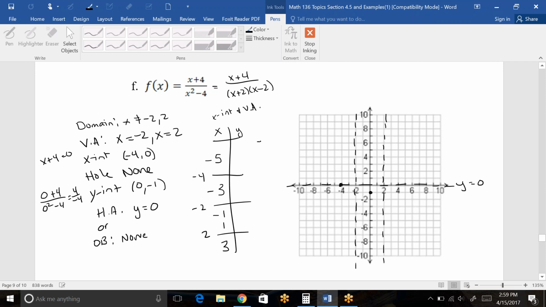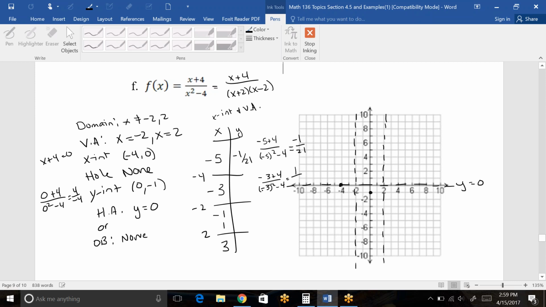So we're going to plug those in, so -5 plus 4. It might be easier to plug it into the pre-factored form, just depends on your calculator. This is -1 over 25 minus 4, so that's 21, so -1/21. Let's see, this one is -3 plus 4 over -3 squared minus 4.